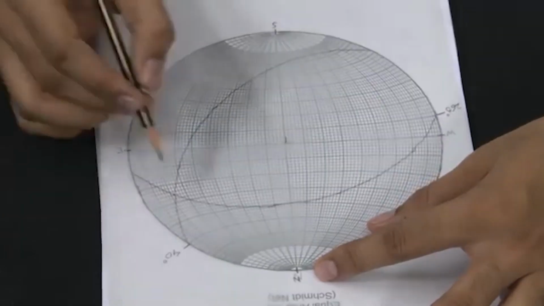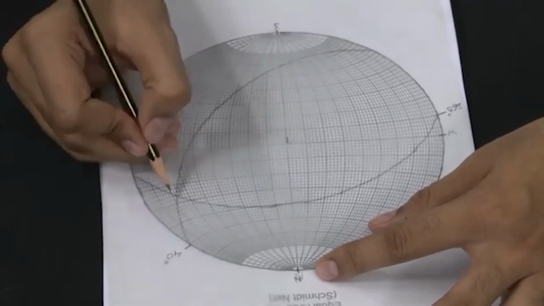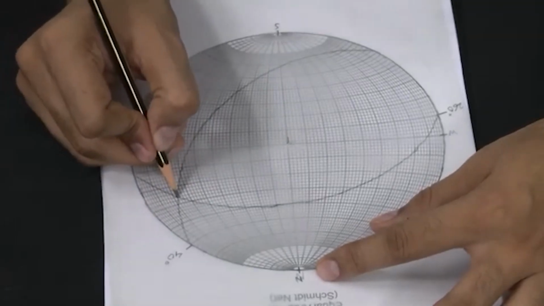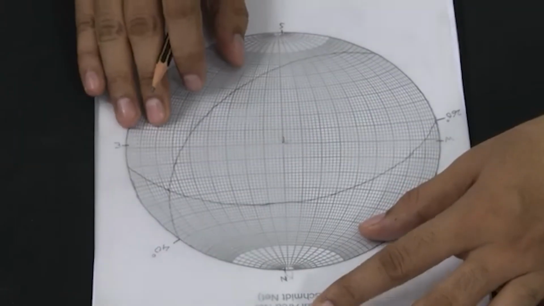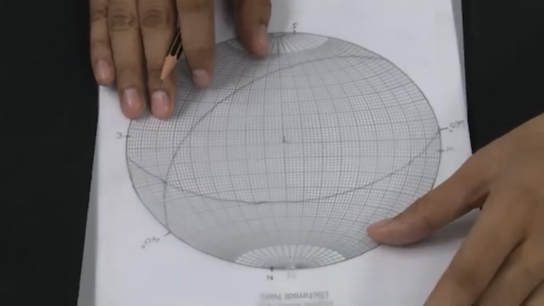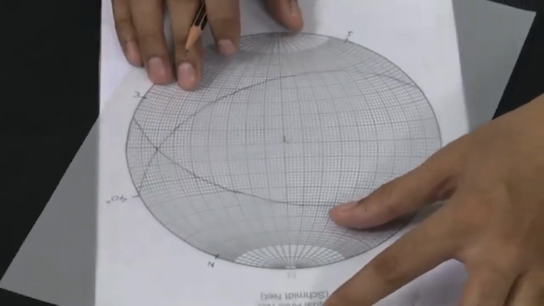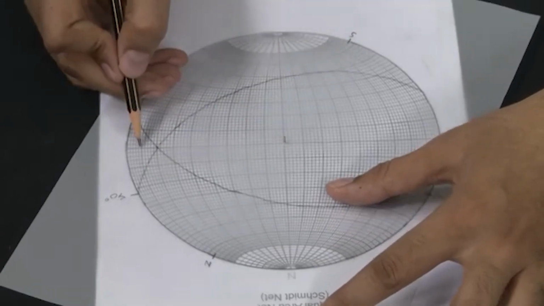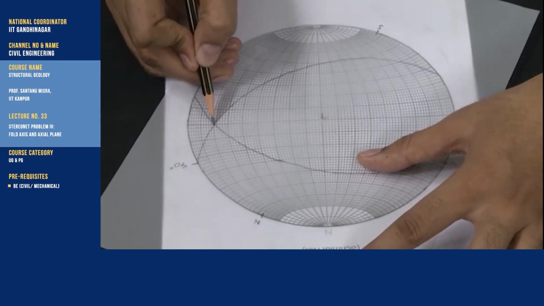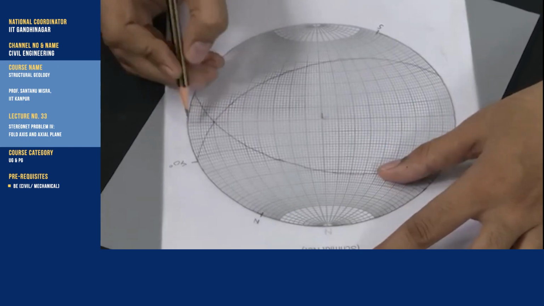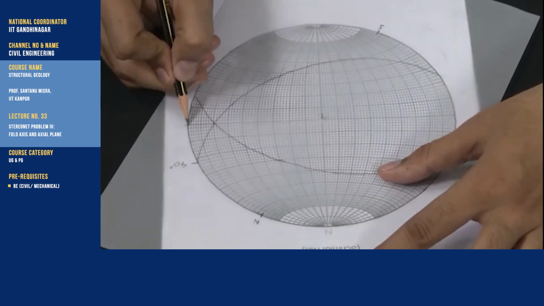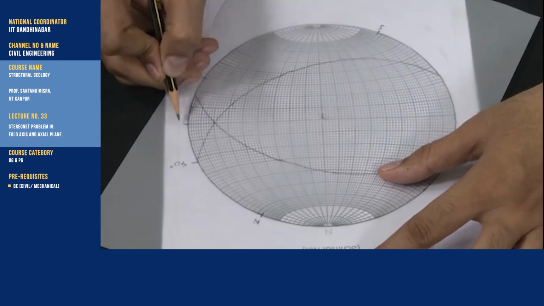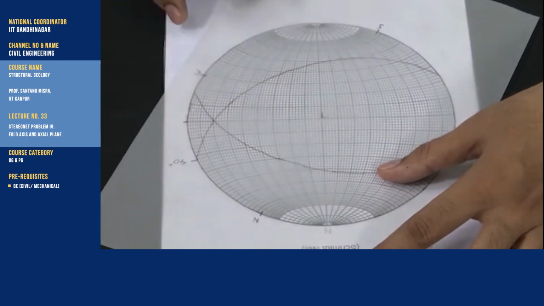So, to read the trend and plunge of this fold axis, what we will do? We will again bring this intersection point on the east west line and read the amount. So, this is 10, this is 20, and we will make a mark which will represent the trend of this fold axis.